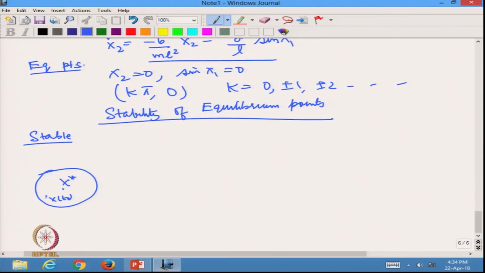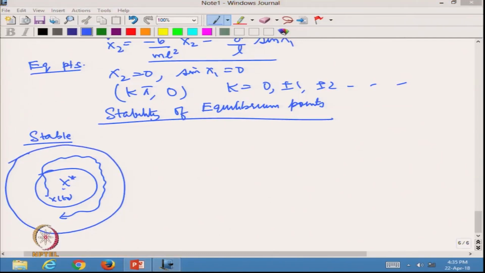It is a little bit away from the equilibrium point, and as time goes on, the state of the system evolves, and if it stays within another ball, say of radius epsilon, then we say that the system is stable.